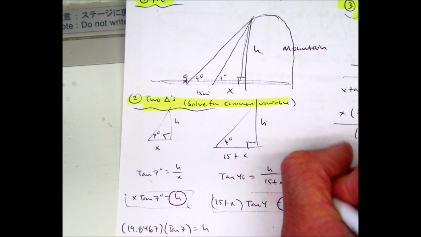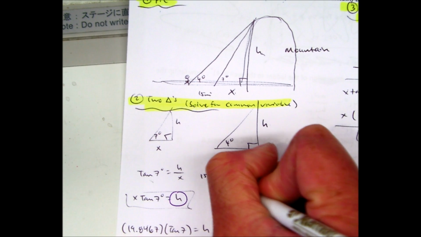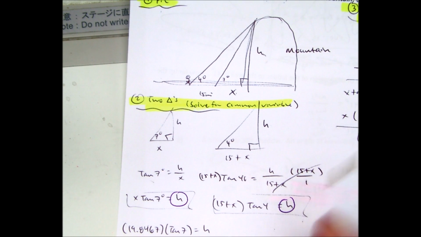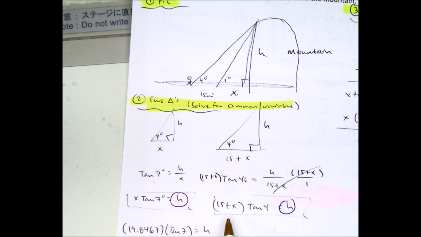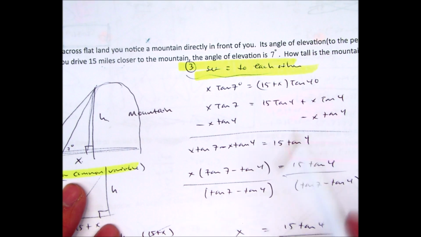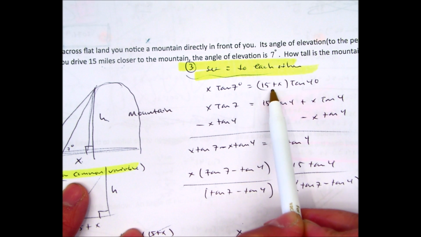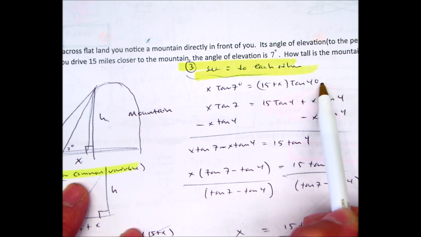If I multiply both sides by 15 plus x, I get h equals 15 plus x times tangent of 4. Now, if they're both equal to h, I can set them equal to each other. So here I have x tan 7 equals 15 plus x tangent of 4 degrees.